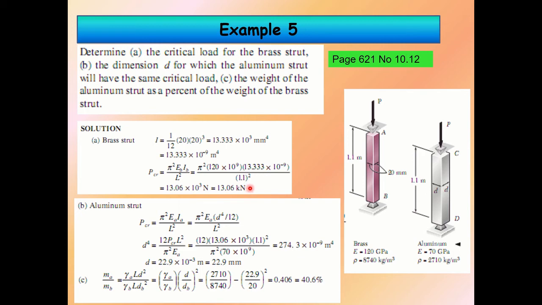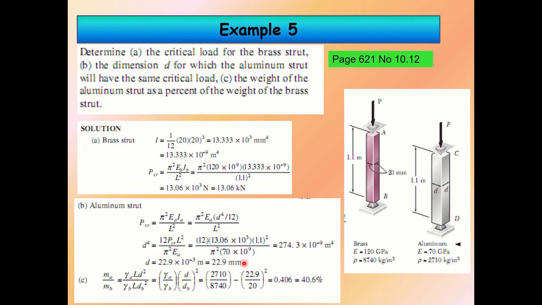Substitute the P critical value to the aluminium rod. The inertia for aluminium formula is D to the power of 4 divided by 12. This is the formula to determine the D, and the D value is 22.9 mm.